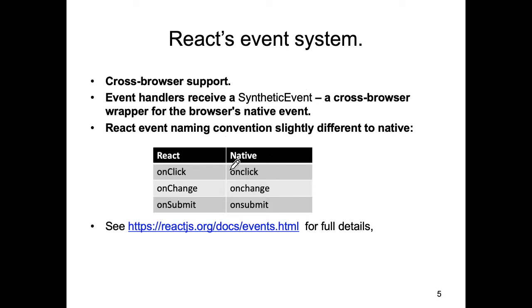For example, the native browser event for clicking is called onclick in lowercase, whereas the React name is onClick using camel case. So it's these ones that we're interested in. I'm just including this slide for completeness, really. It's unlikely that anybody would have done any native event handling programming prior to this module.